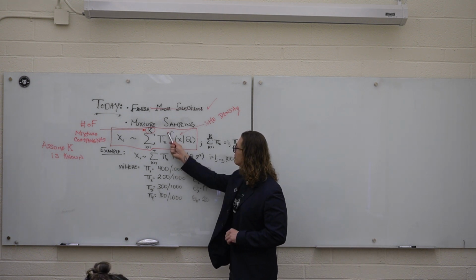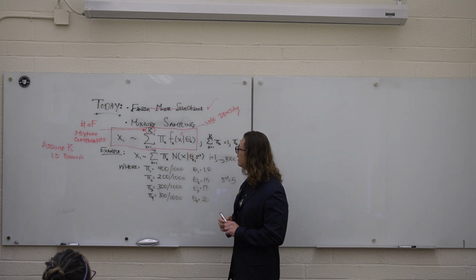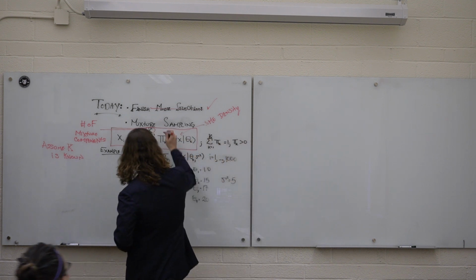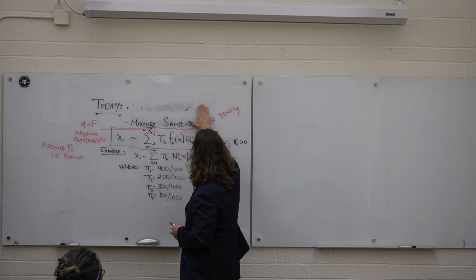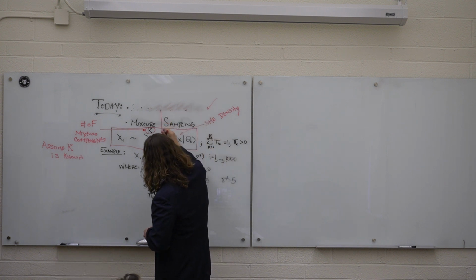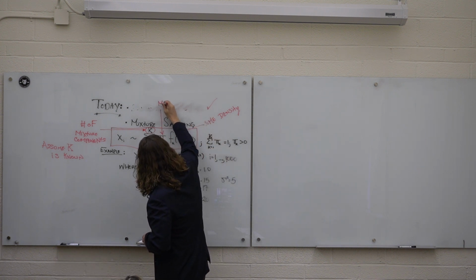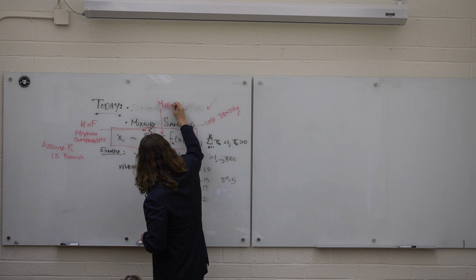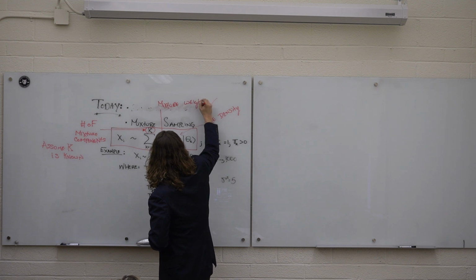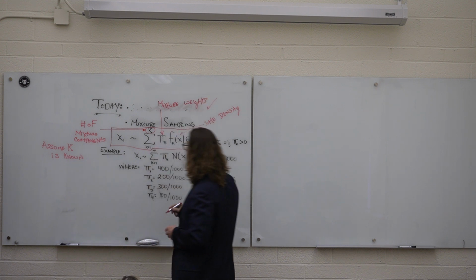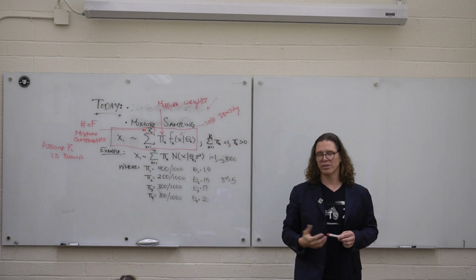But let's say this is just some density right here. And then I've got these weights right here. I'm going to call these the mixture weights. So we've been talking about mixtures all through this class.